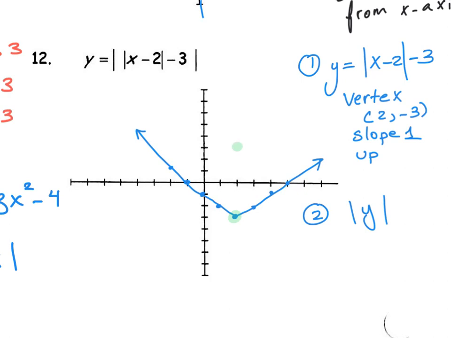So that means that my new graph is going to bounce up from the x-axis, and I'm going to erase whatever I have below. It's not letting me erase it, so let me take that out and sketch it again. So let's say that's my point, and that's my point, so that's going to be my V.